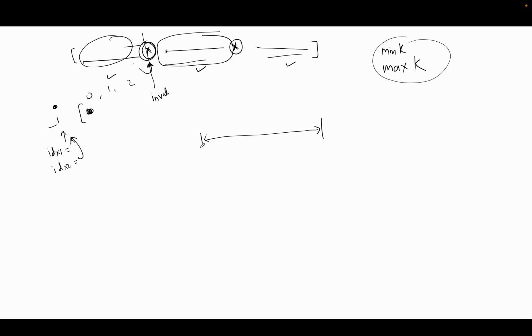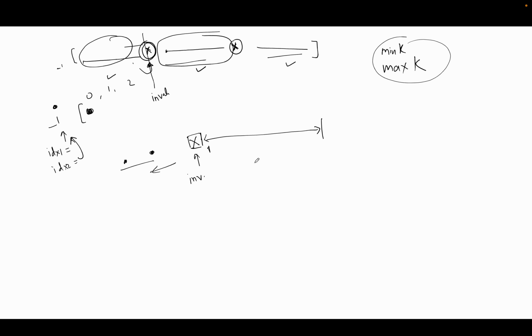Just before that, there was some invalid index, and in the beginning also this -1 is just before. So here we have the invalid index, and somewhere here we would have some indices, idx1 and idx2. Where they are doesn't matter because they are less than the first valid index.